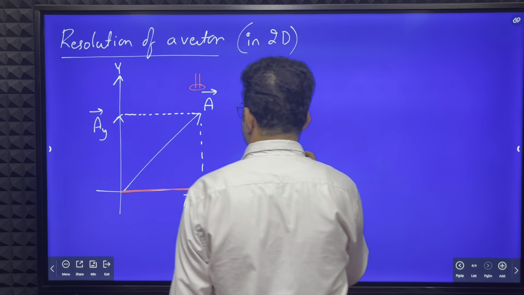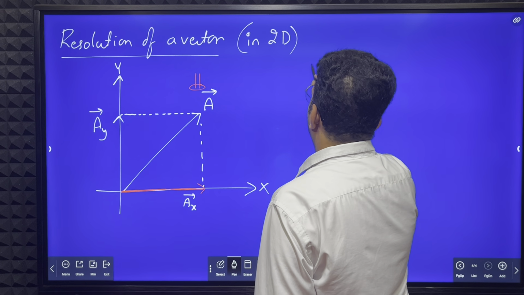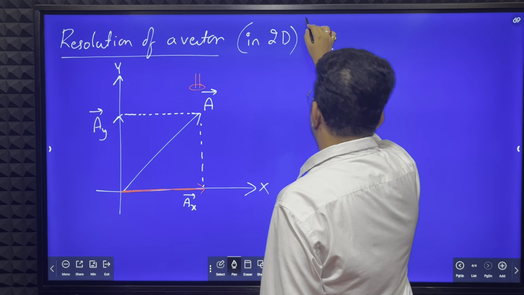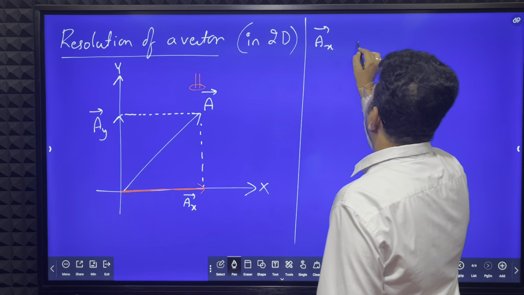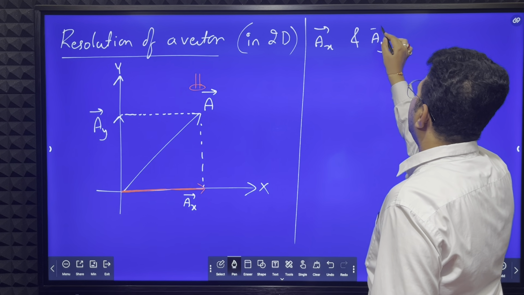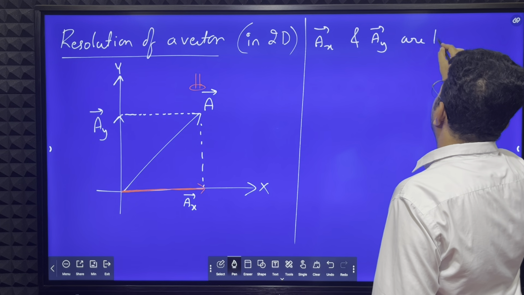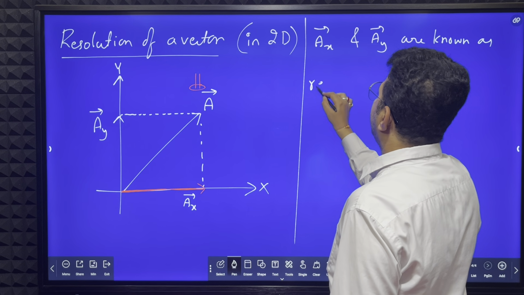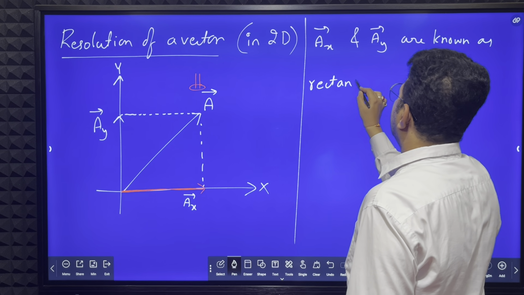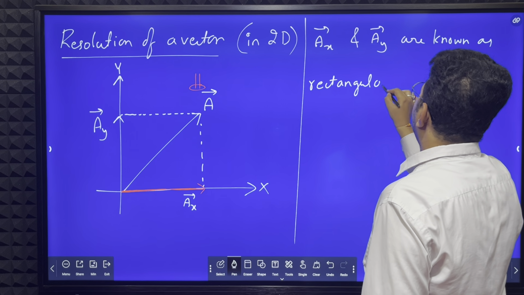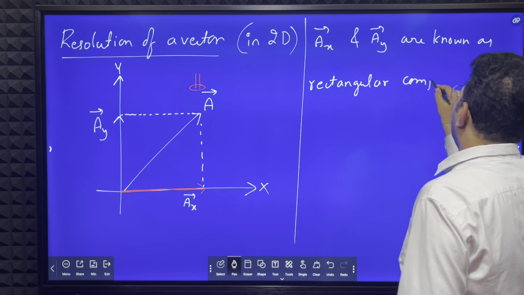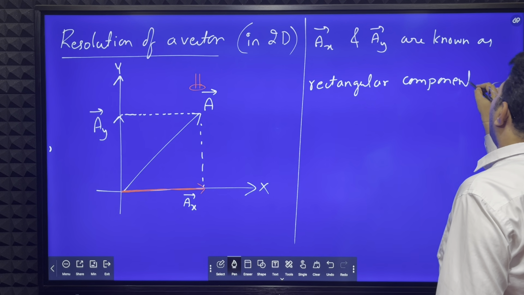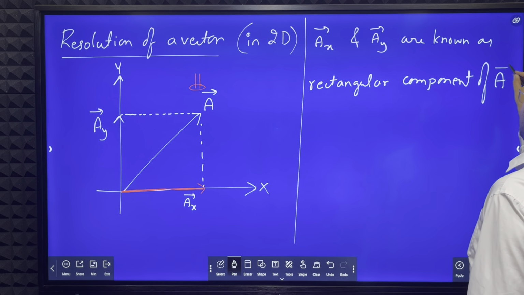Therefore, we call them rectangular components: AX and AY are known as rectangular components of vector A.